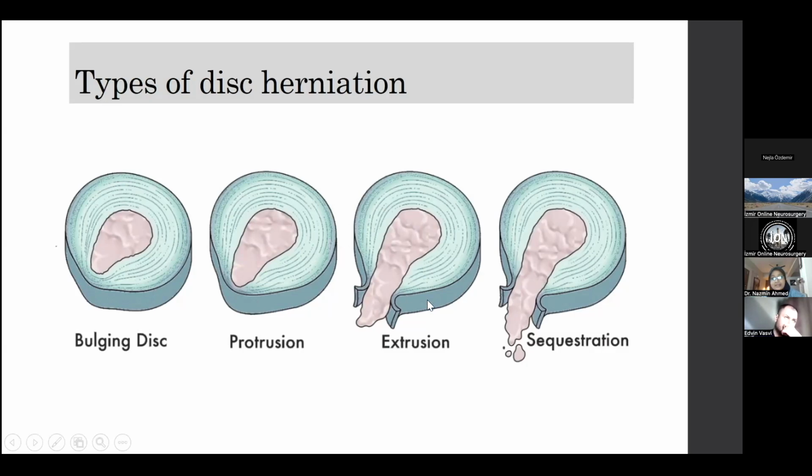But in extrusion and sequestration, there is breaching of the annulus fibrosus, through which the nucleus pulposus herniates outside the boundary of the annulus fibrosus. This extruded disc can lose its connection with the mother nucleus pulposus. It can remain at the same level, when it is named a sequestered disc, or it can migrate anywhere in the spinal canal craniocaudally.